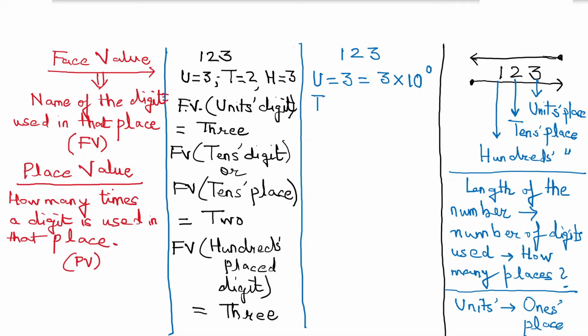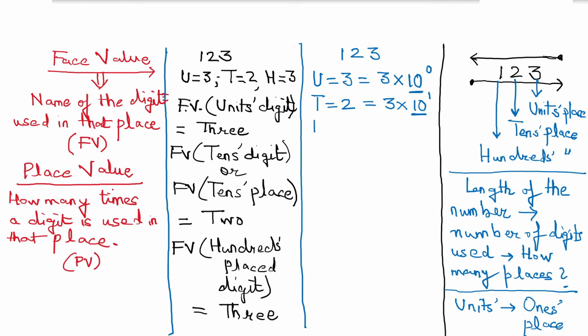Similarly, the tens place is a 2. Now the place value, if I have to write this, will be 3 into 10 to the power 1. That means how many times 3 has been used in the tens place is decided by 10 to the power 1. Here it is decided by 10 to the power 0.